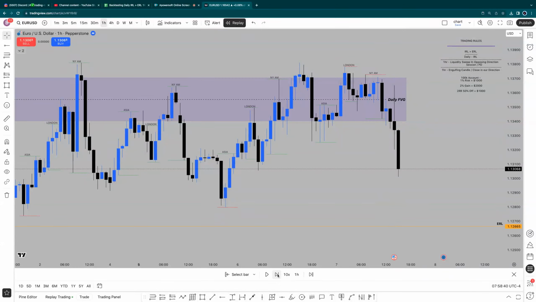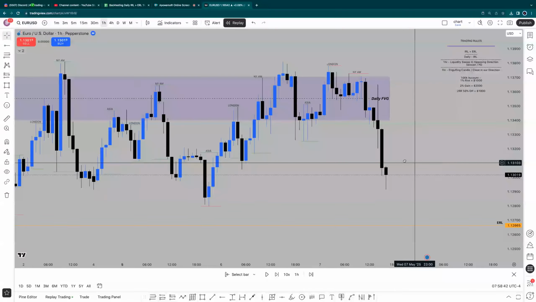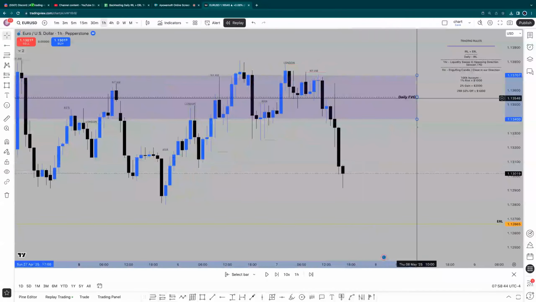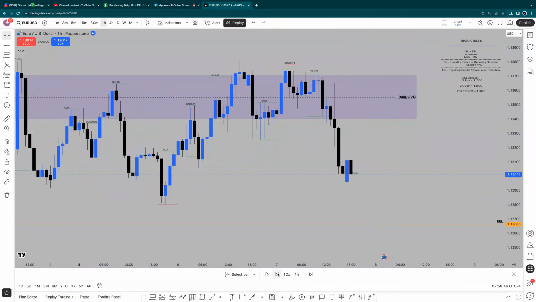Okay, we respect that level really nicely there. Potentially setting up a trade for the next day, hopefully, which may be the trade. So now coming into London, we want to see that high taken. Didn't really want to see that. We needed a liquidity sweep in the opposite direction, really. New York, can we get it?